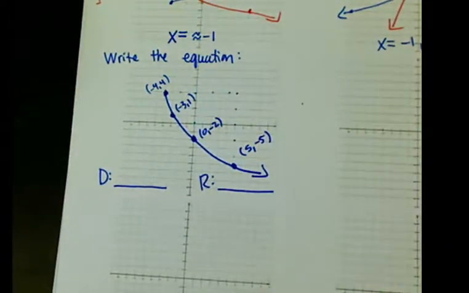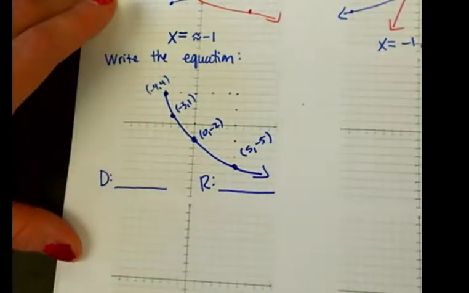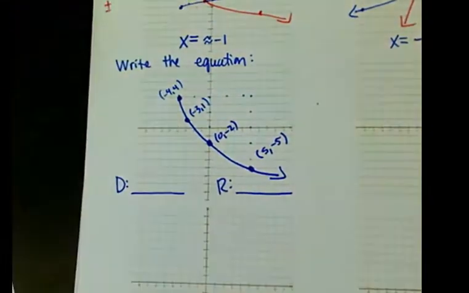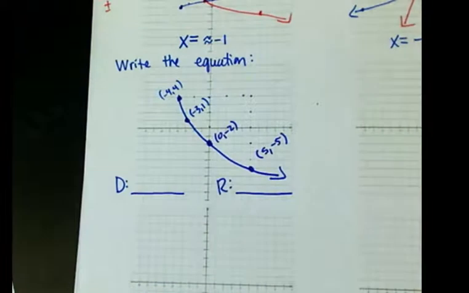All right, there you go. That way you can see the points. Write the equation of this graph. Pick your parent. Right? Okay. Pick your parent. Fill in those transformations.